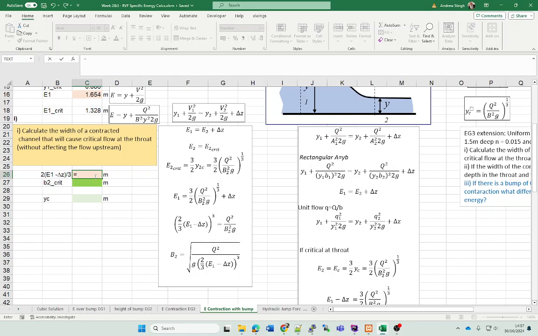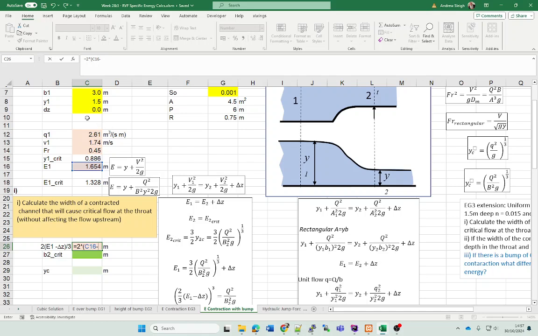So 2/3 times E1 minus delta Z, which we've got at 0 for now, divided by 3.